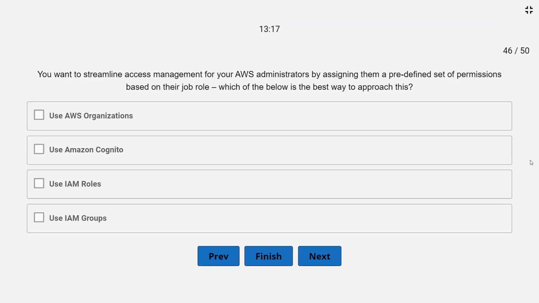You want to streamline access management for your AWS administrators by assigning them a predefined set of permissions based on their job role. Which of the below is the best way to approach this?